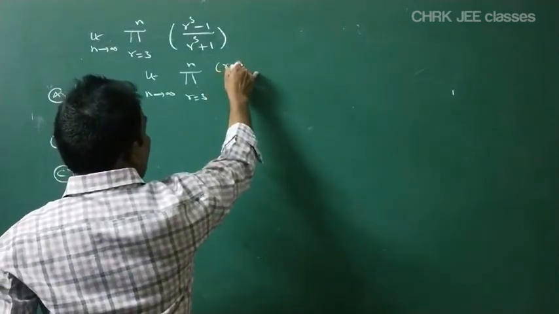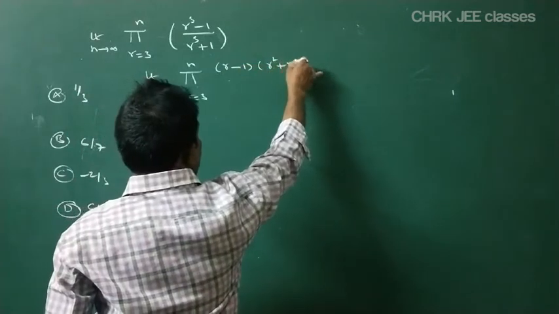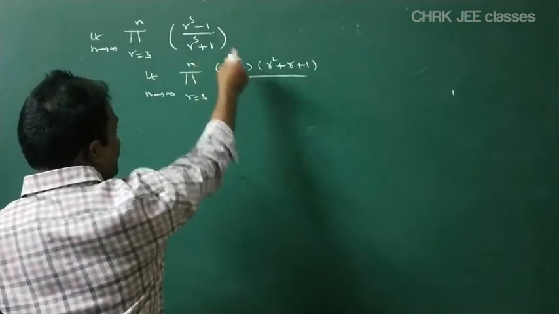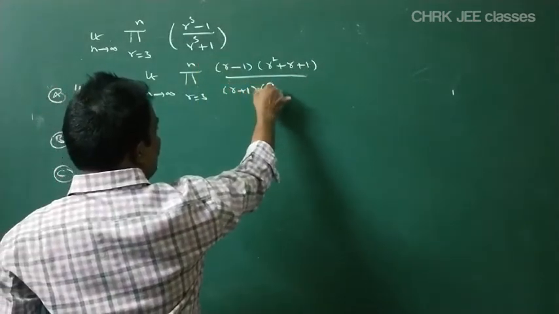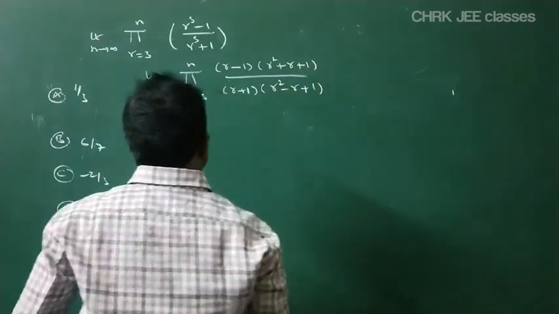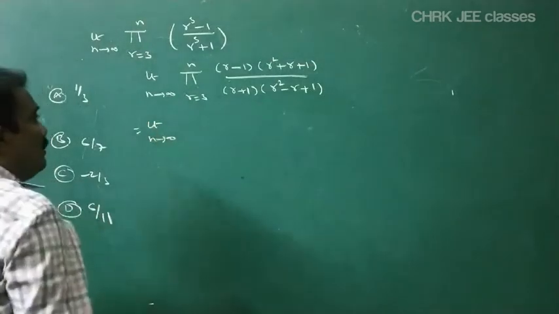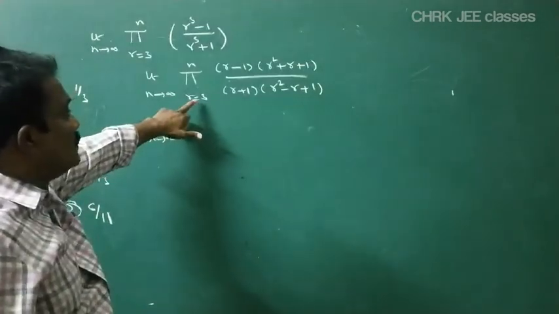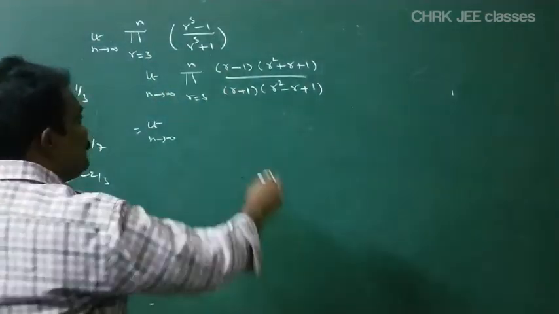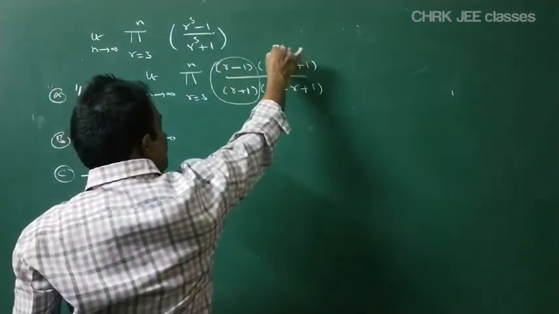Already we used the formula a minus b into a square plus ab plus b square, and a cube plus b cube is a plus b into a square minus ab plus b square. So that equal to limit n tends to infinity. Now I want to substitute the values r equal to 3, 4 up to n in these two. First of all, I want to apply in these two. After that, in this one.